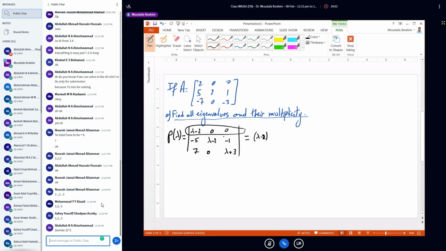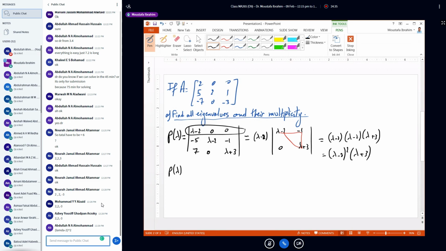Now we hide the first row and first column, so we get lambda minus 2, negative 1, 0, lambda plus 3. This one is a triangular matrix, so we get lambda minus 2 multiplied by lambda minus 2, lambda plus 3. Since it's triangular, we multiply the entries of the main diagonal. So finally we get lambda minus 2 squared, lambda plus 3.